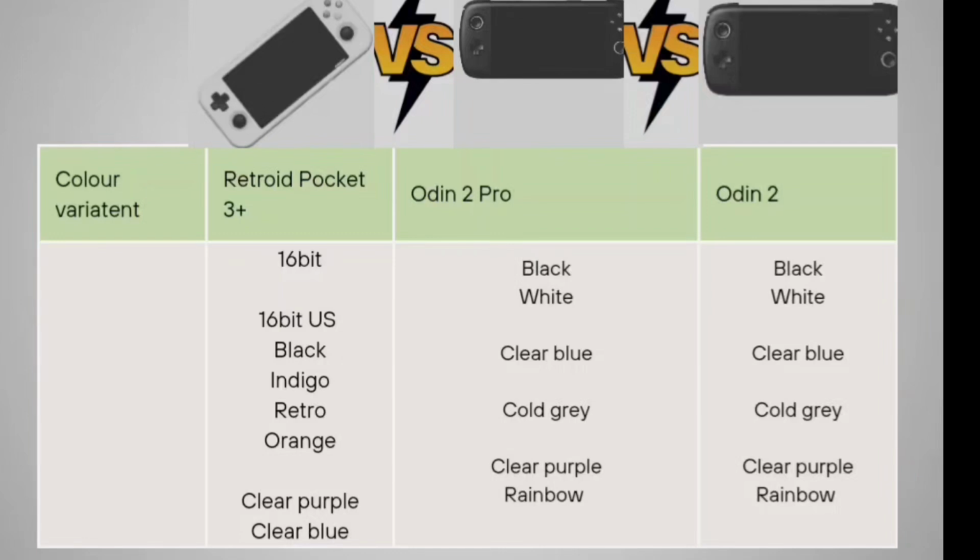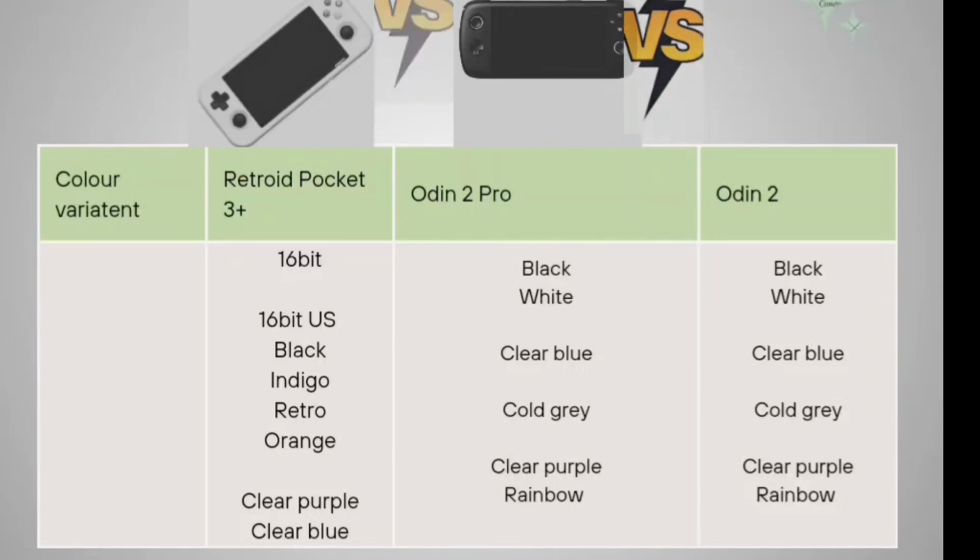Talking about color variants, the Retroid Pocket 3 comes in various colors like 16-bit US, black, indigo, retro orange, clear blue and clear purple. The Odin 2 Pro comes in black, white, clear blue, cold grey, clear purple and rainbow, and the Odin 2 comes in the same colors.